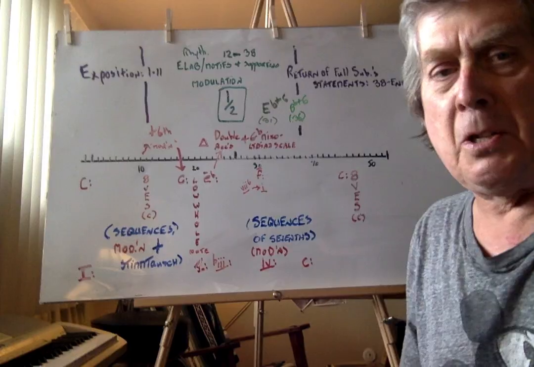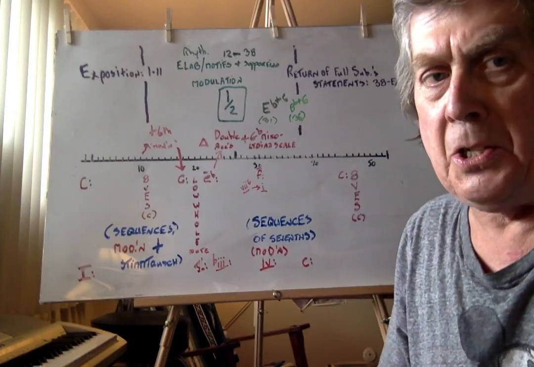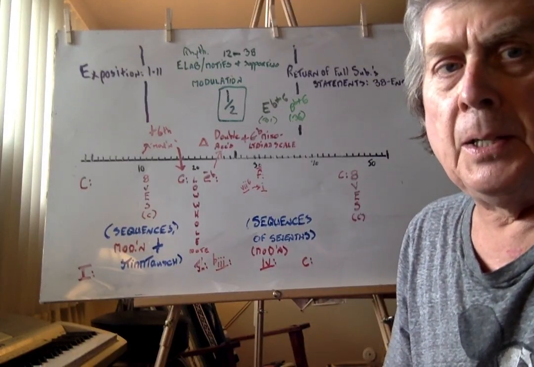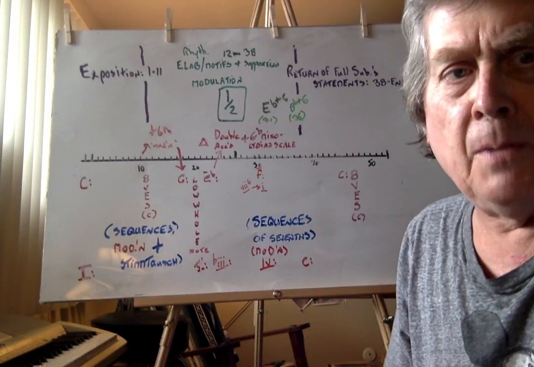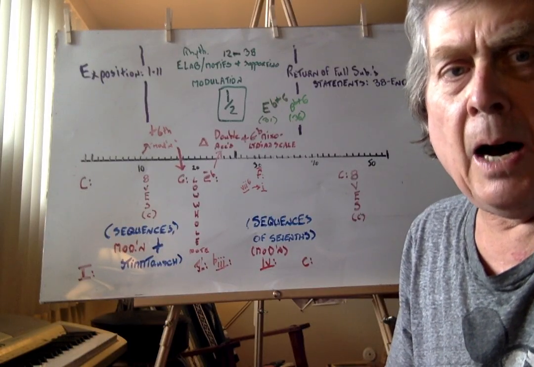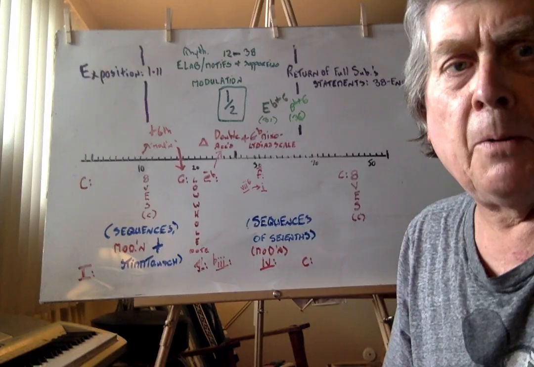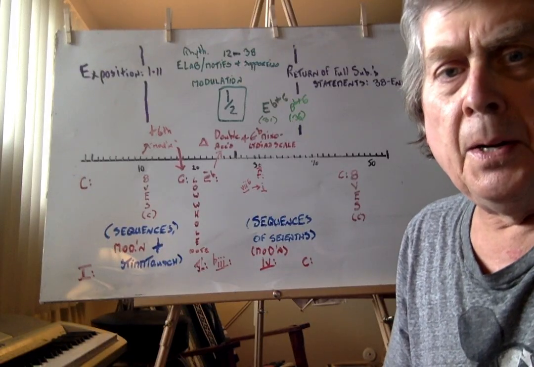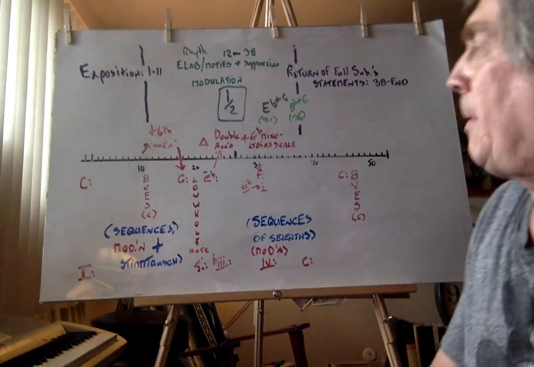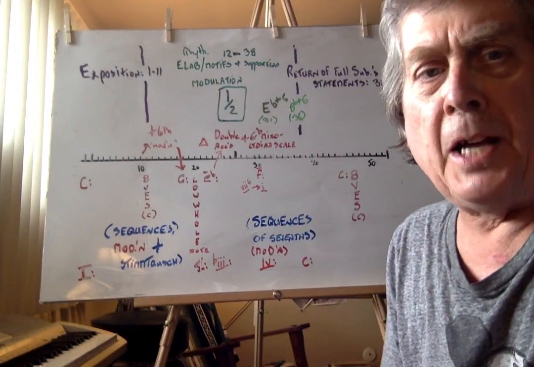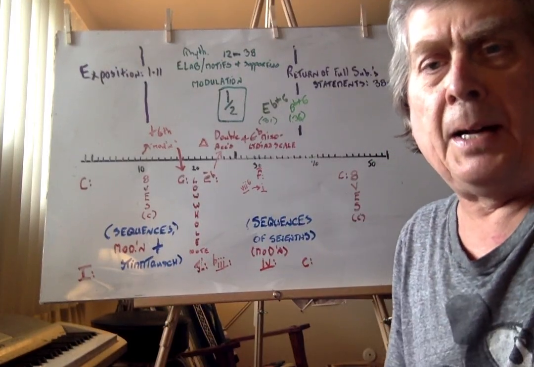In the second one, we talked about fragmentation of motives and how they are used, I think, really quite interestingly, particularly in the second big part of this, where modulations happen a lot, and we'll talk about that in a minute.